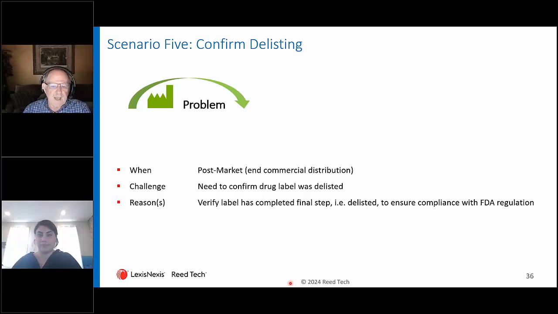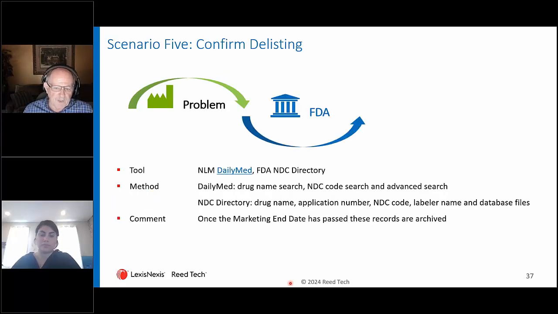Delisting is actually an update to the labeling content, and the metadata will have an update to the commercial end date value. So this is actually a submission to the FDA where you do, in fact, put that end date in place. DailyMed is a place where you can verify that.